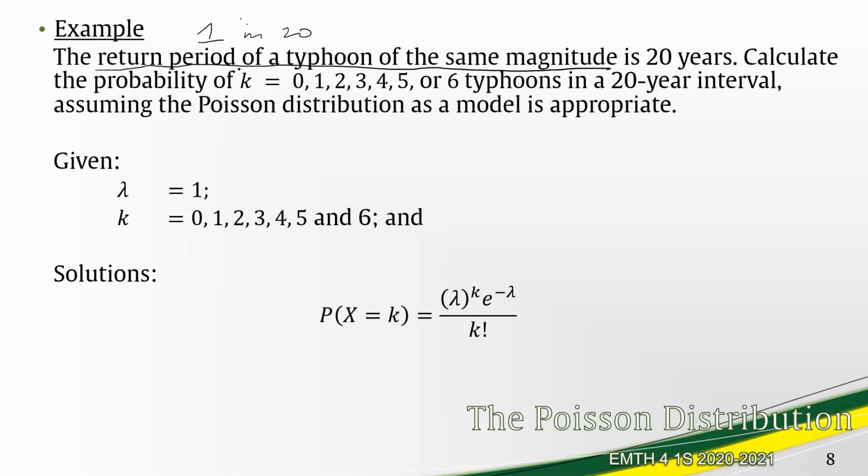That's the return period, that's why we have 1. Now the formula is already given: lambda raised to k times e raised to negative lambda, all over k factorial. This is very direct, right?